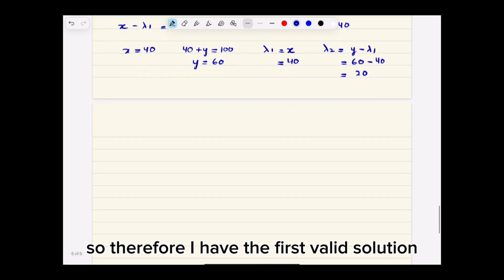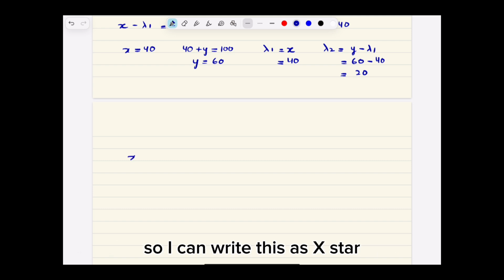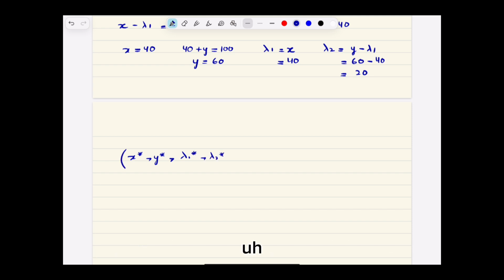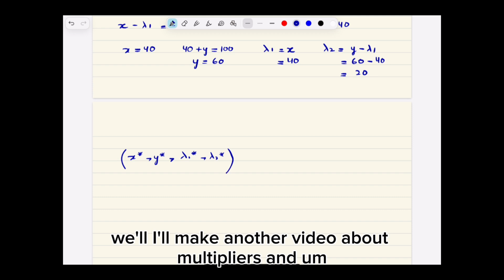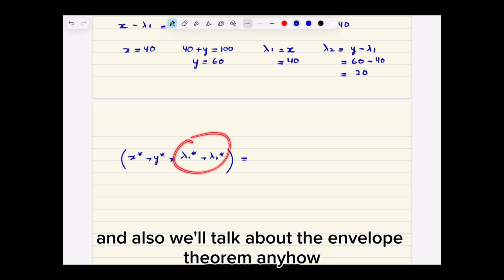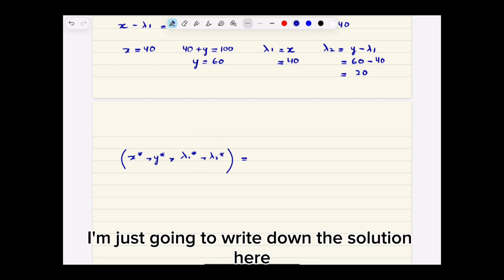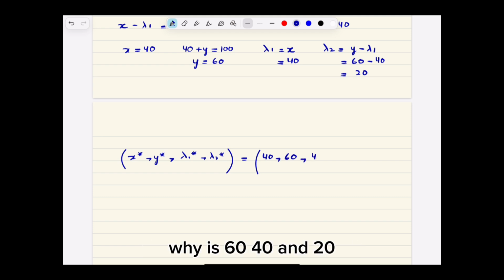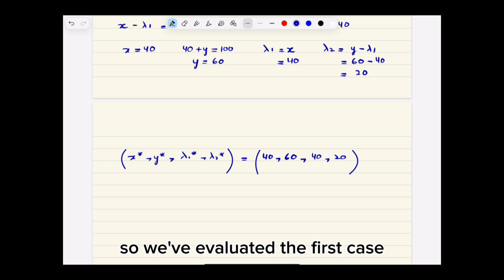So therefore I have the first valid solution. I can write this as x star, y star, and lambda 1 star, lambda 2 star. I'll make another video about multipliers and why these are important, and also we'll talk about the envelope theorem. Anyhow, I'm just going to write down the solution here. The value of optimal x is 40, y is 60, and the multipliers are 40 and 20. So we've evaluated the first case.